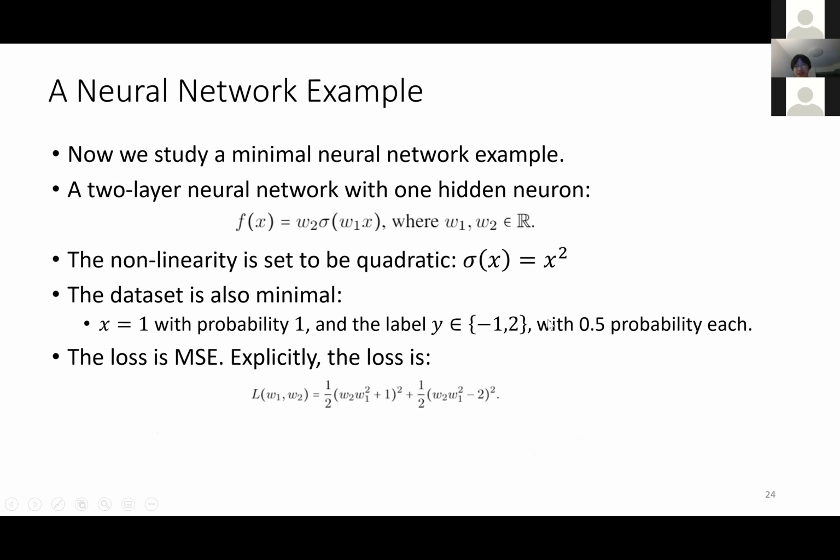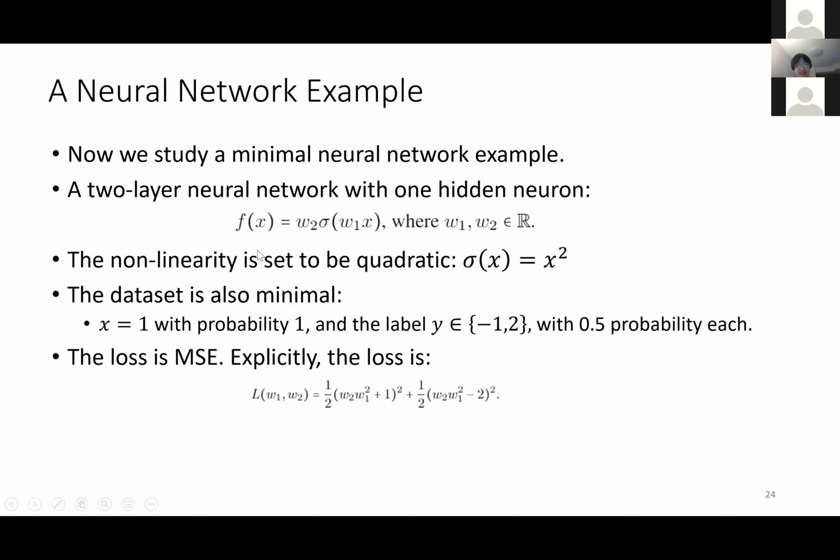Okay, so here is the final example of this seminar, and it also serves as a response to the question Makoto raised. Now we study a minimal neural network example. What we actually study is a 2-layer neural network with one hidden neuron.